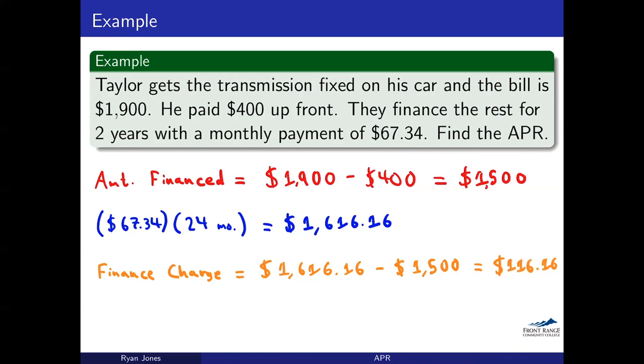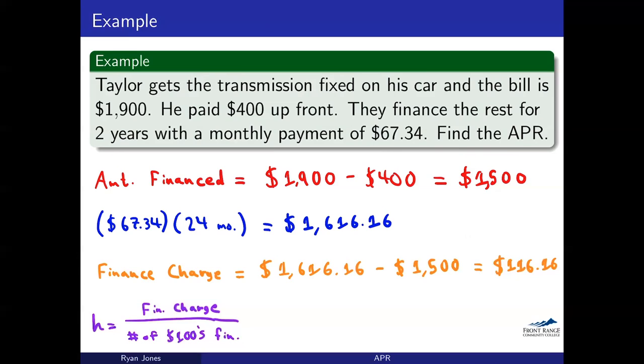So we now know the two things that we need for our value of H. We know how much he financed and we know the finance charge. Let's go ahead and calculate that. So H equals finance charge divided by number of hundreds financed. I'll just write fin. to be short.